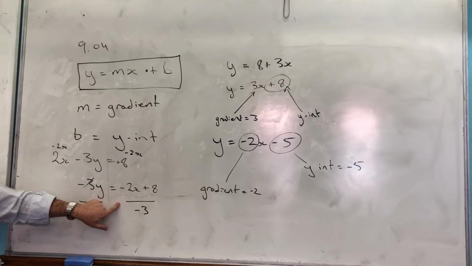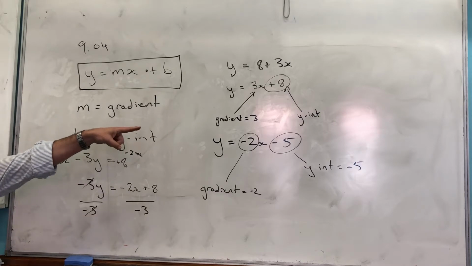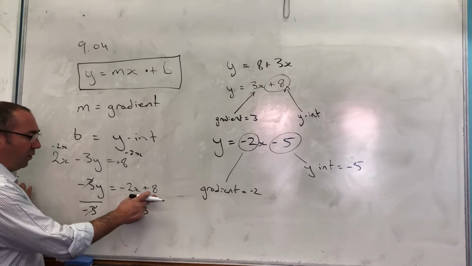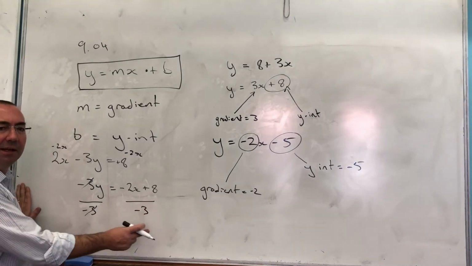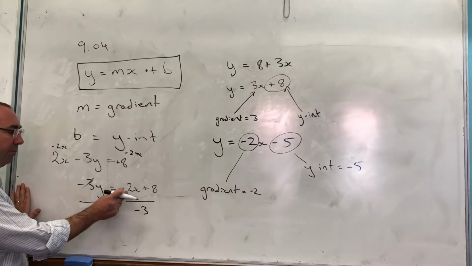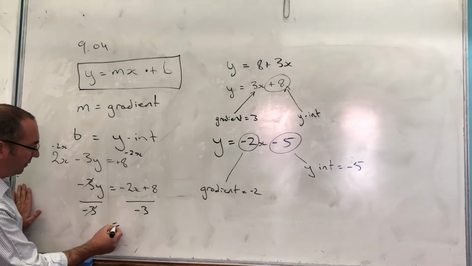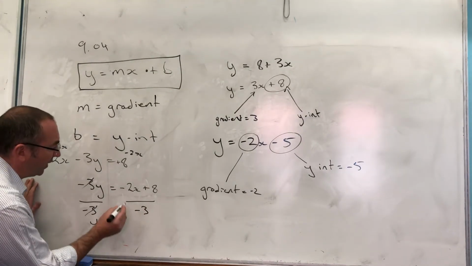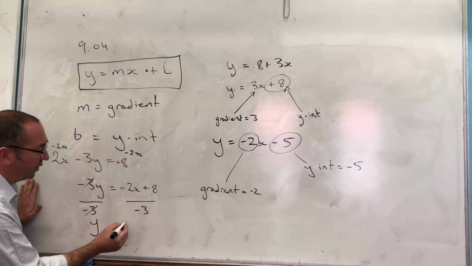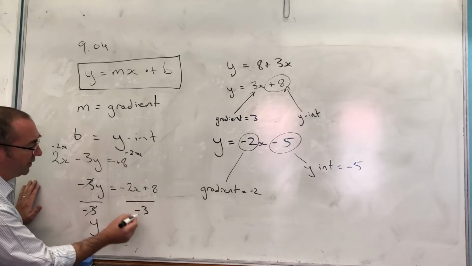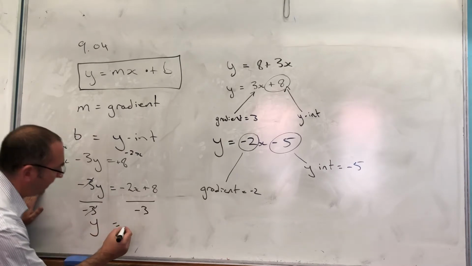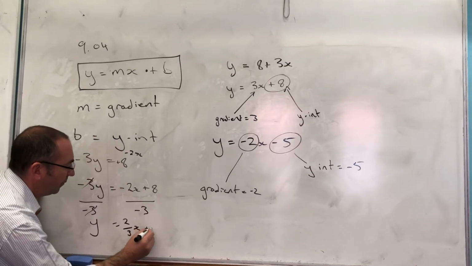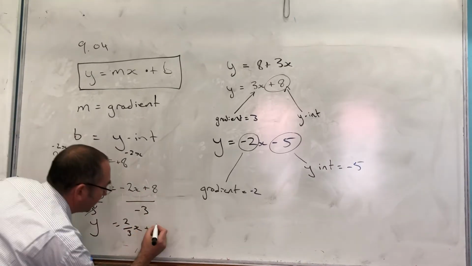If I just leave it in that form, I'm not going to be able to read off the gradient and the y-intercept. So instead of dividing the whole equation by minus 3, the same thing can be achieved by dividing both terms by minus 3. Let me show you what that looks like. On the left-hand side, we've now got y. On the right-hand side, minus 2x divided by minus 3, the minuses cancel, and I've got 2/3 of an x plus 8 over minus 3.